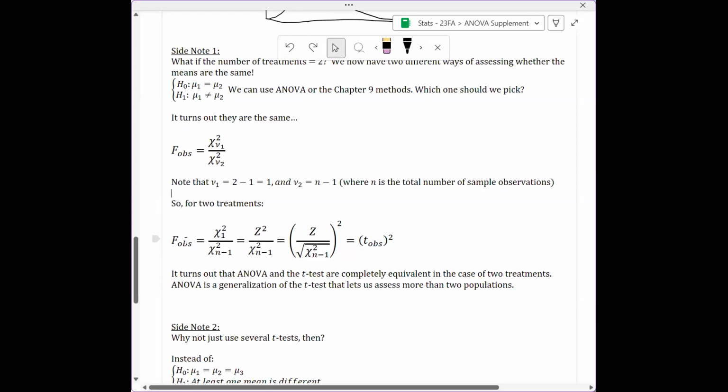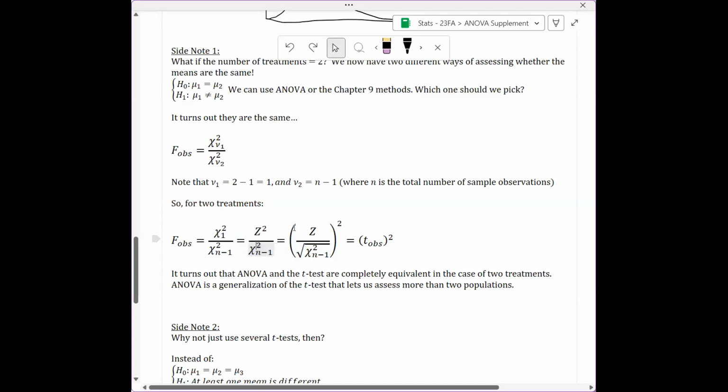So for these two treatments, F is just chi-squared with 1 degree of freedom over chi-squared with n minus 2 degrees of freedom. Remember we get chi-squareds by adding up z-squareds, and a chi-squared with k degrees of freedom, we add up k z-squareds, z1 squared plus z2 squared out through zk squared. So a chi-squared with 1 degree of freedom really is just the square of a standard normal, divided by a chi-squared with the remaining degrees of freedom.